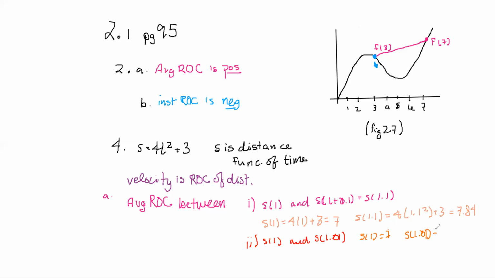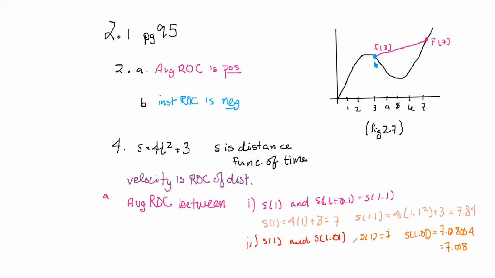let's see, so that's 1.01 squared times 4 plus 3. So this is going to equal 7.0804. So we're just going to call that 7.08.